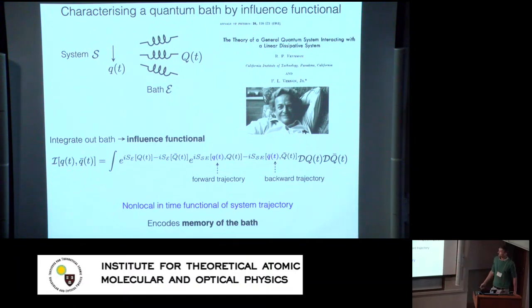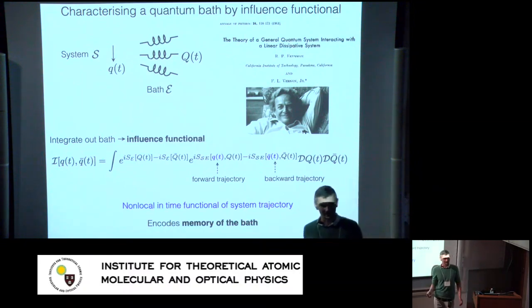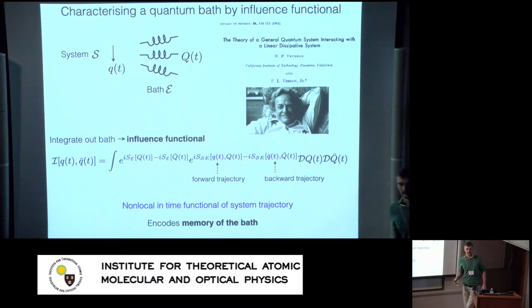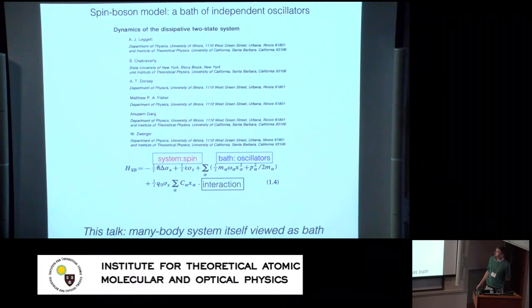And that's the Feynman-Vernon influence functional. And this is the object that you need if you want to describe a bath. In the case of a bath of oscillators, it's very convenient because Gaussian integrals you can compute explicitly, and you have a starting point, and then you can start playing with the dynamics of your spin coupled to a bath of oscillators, and this is exactly the subject of this also classic work by Tony Leggett and collaborators.